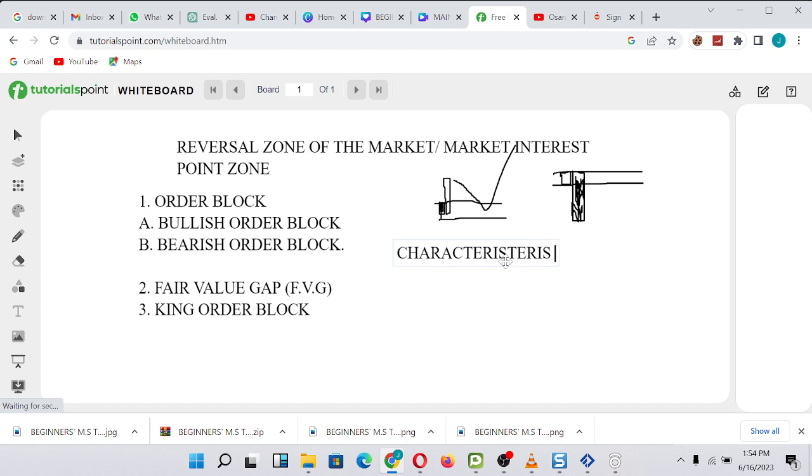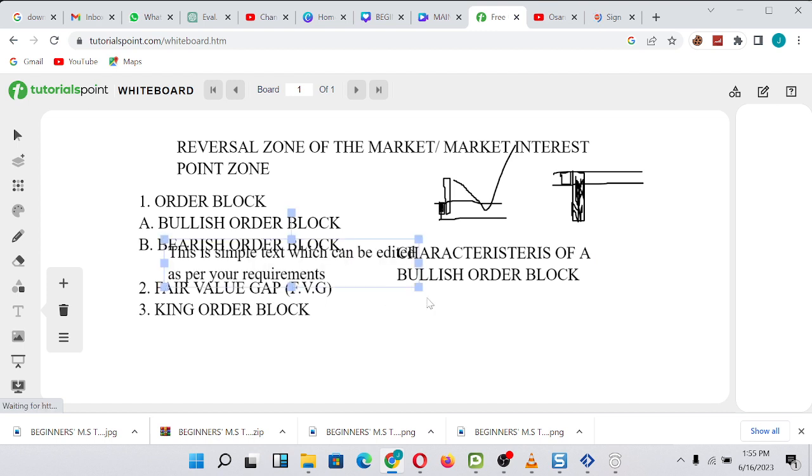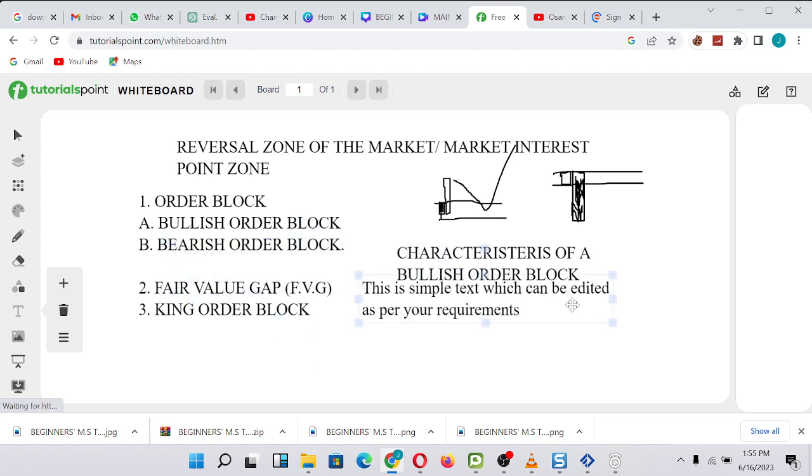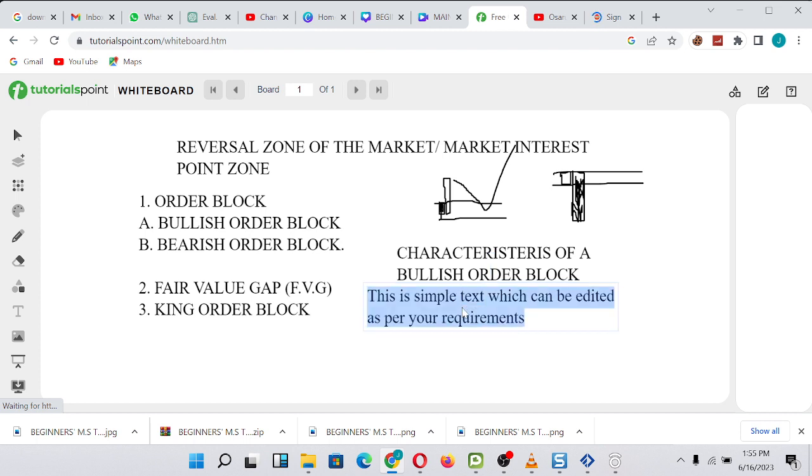Characteristics of a bullish order block. So what are the characteristics? The first one is that it must take out liquidity.